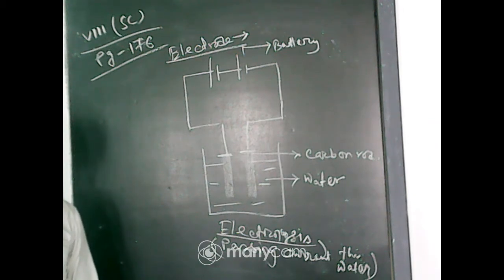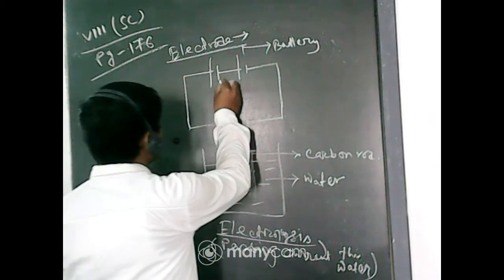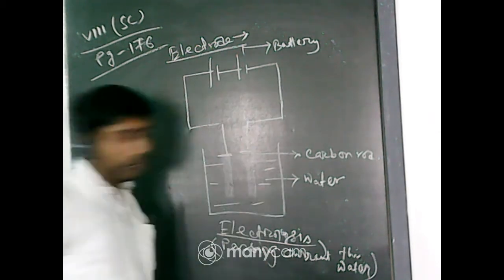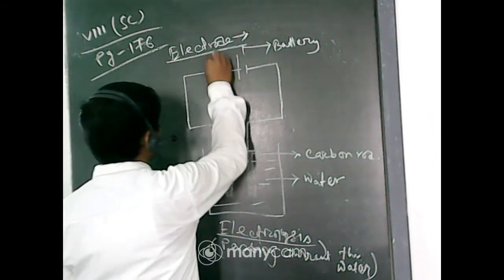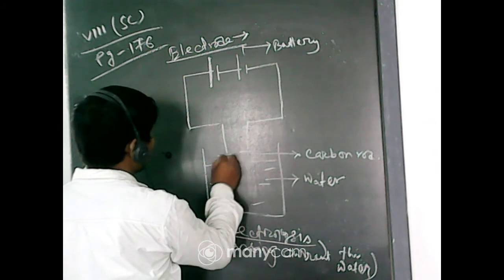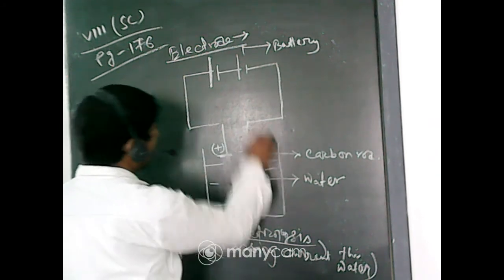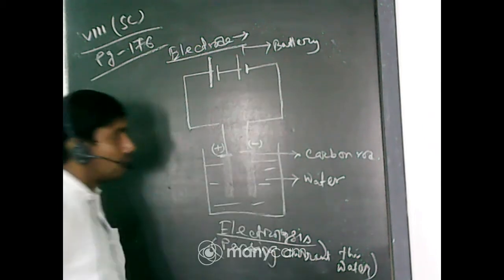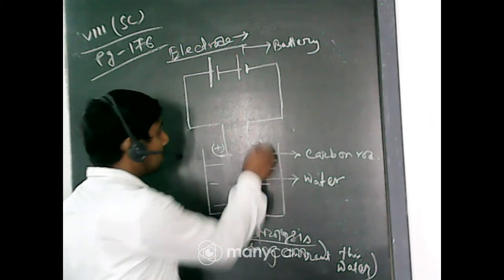Oxygen bubbles form on the electrode connected to the positive terminal of the battery, and hydrogen bubbles form on the other electrode. The long line indicates the positive terminal, so this is the positive pole, and this is the negative pole because it is connected with the negative pole of the battery.